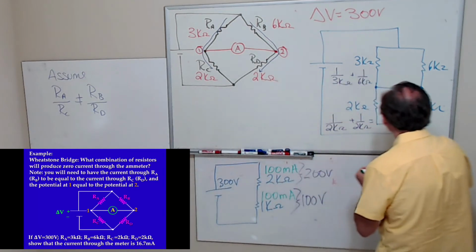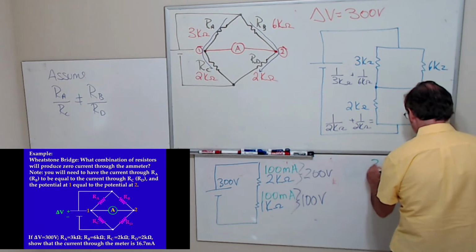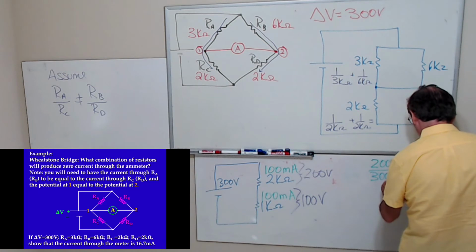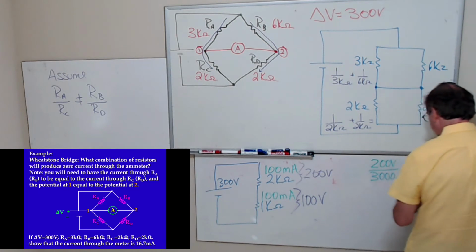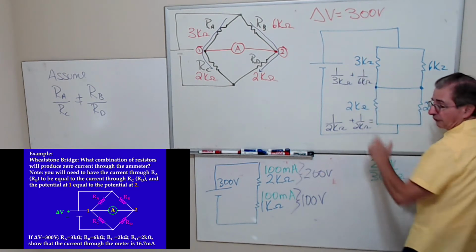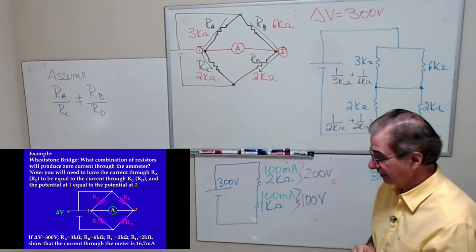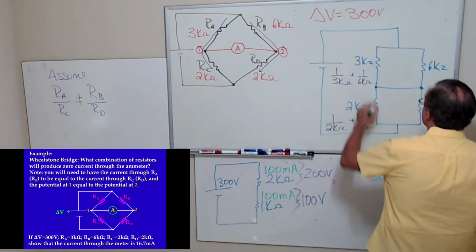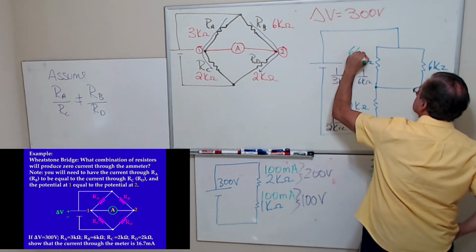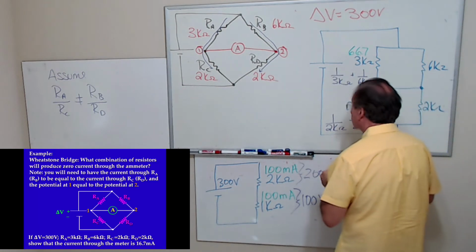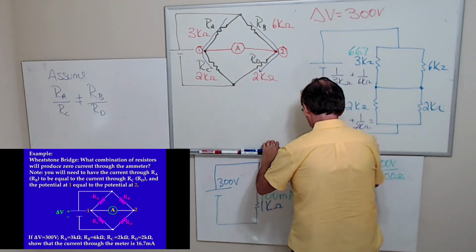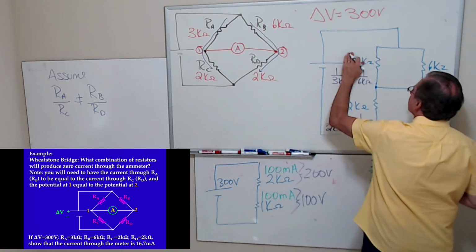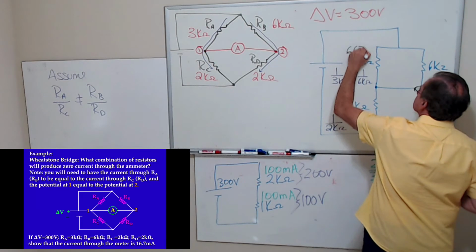So the current through this one is, that's this current. If you do this on a calculator, you know 2 over 3 is 2/3, right? So this current is going to be 66.7. I'll use a darker color, sorry. I'll use black. 66.7 milliamps.